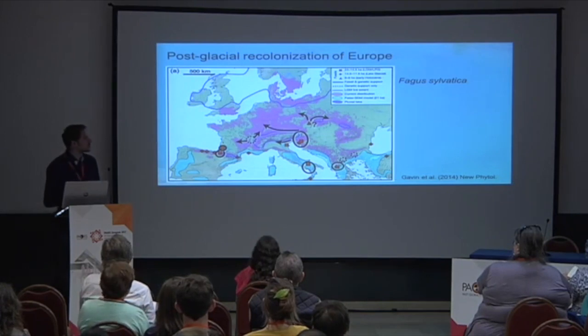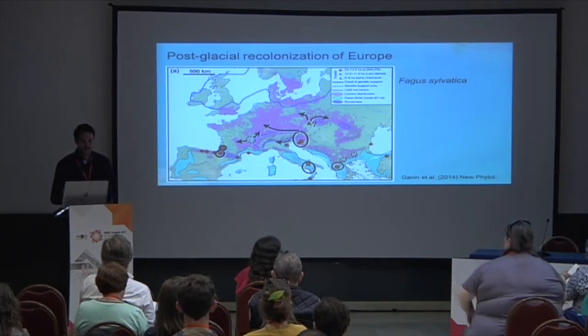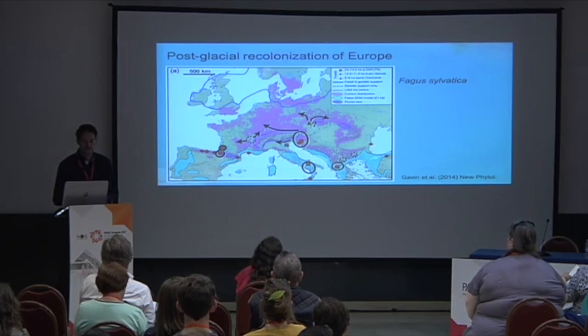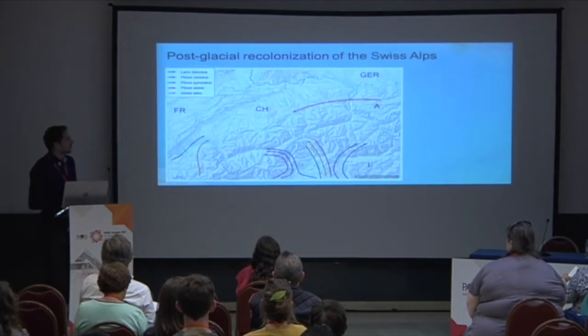And then we can also use models to verify or to back-project past ranges based on climate data and present-day species correlation with temperatures. So let's zoom into the Swiss Alps. That's where we are planning to work on a study here.